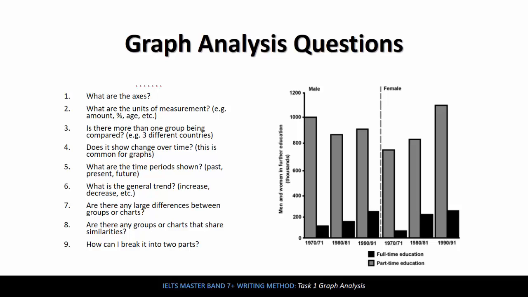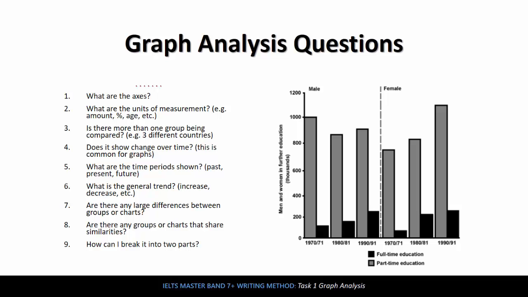Number 6, what is the general trend? We have a few general trends here, but looking quickly, for full-time education, we can see an increasing trend for both males and females. And as far as part-time education goes, females show an increasing trend, and males have a dip, so a decrease with a slight rise.